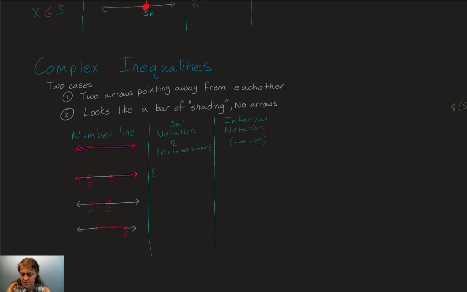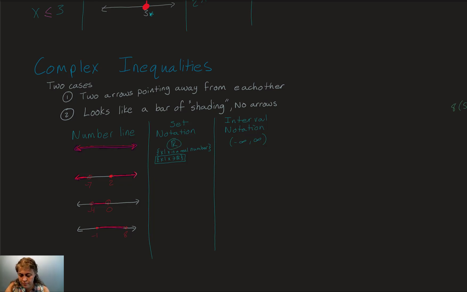That's a lot of writing. You could also write x such that, in math speak, you would do a backwards E and then an R. That would be how you would do this in a 200 level college math class, or maybe a 300 level. But this works for this class.